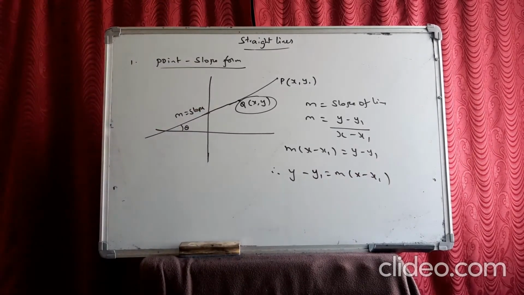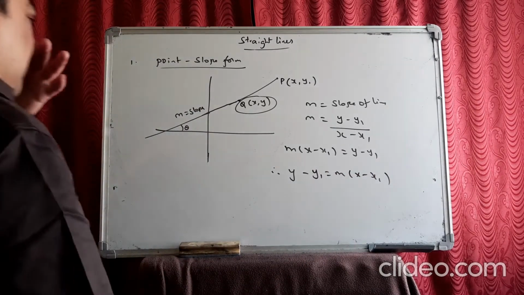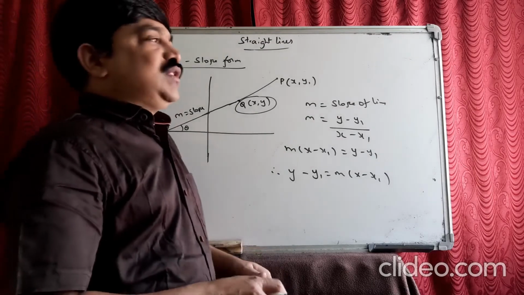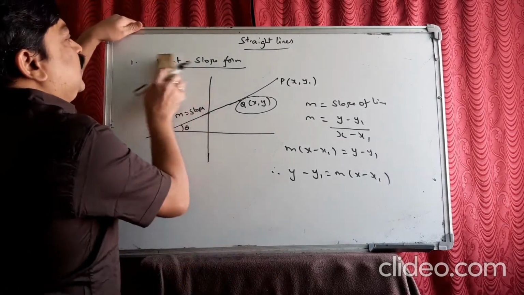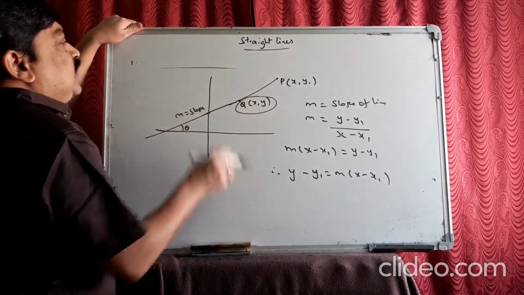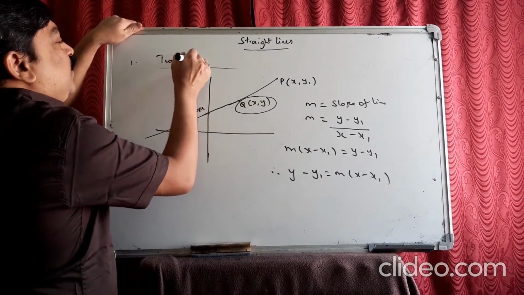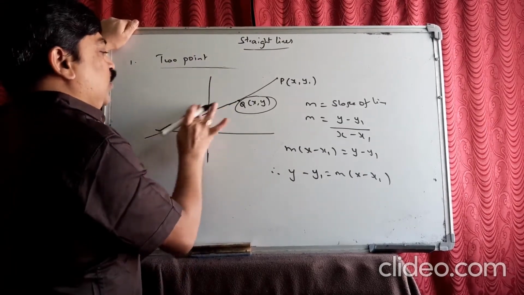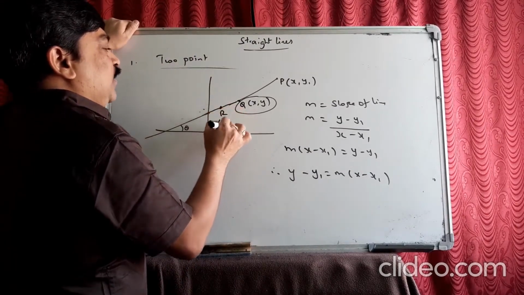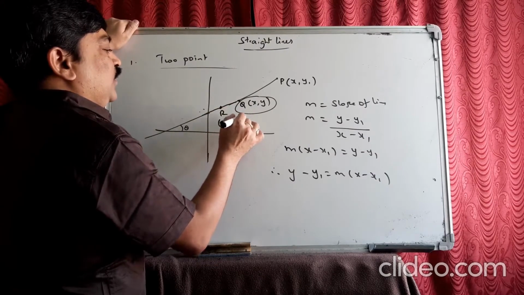Okay. Now, from the same concept, the next form of line is two-point form. You will be given two points here, which means the slope will not be given. Say P of x1, y1 and Q of x2, y2.